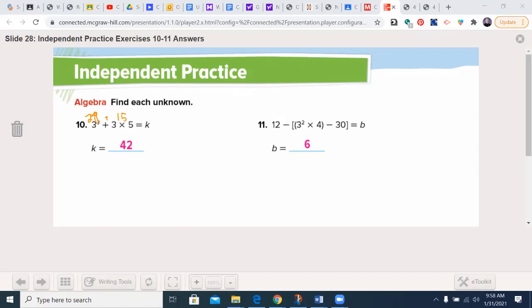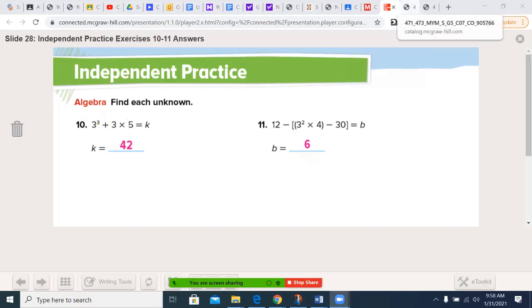That means 3 times 3 is 9, times 3 is 27. All right, over here we had 3 squared, which is 9 times 4 is 36, minus 30, which is 6. 12 minus 6 is 6.